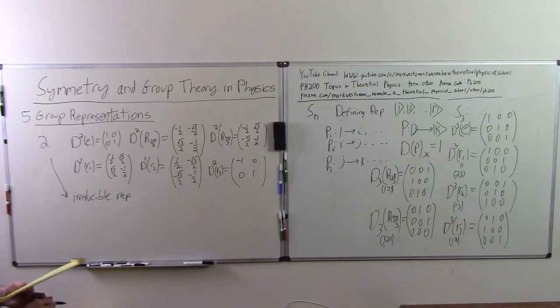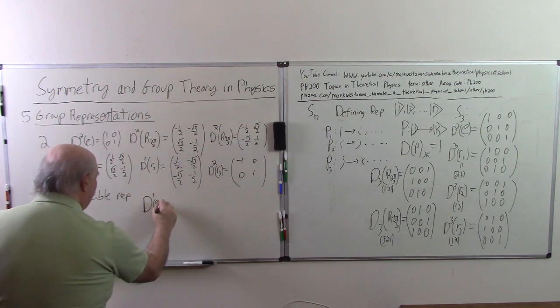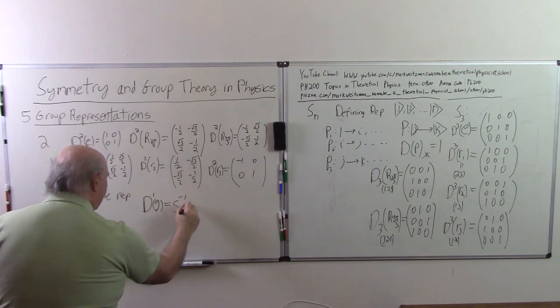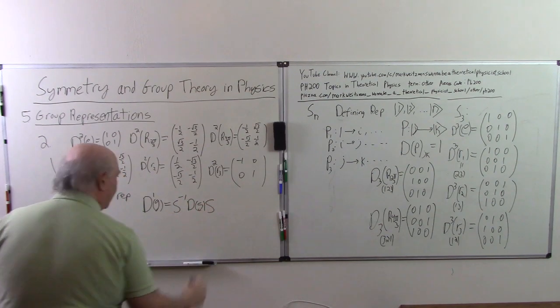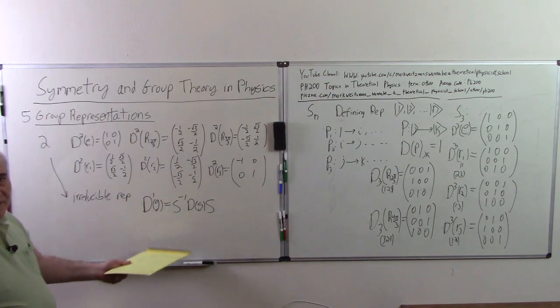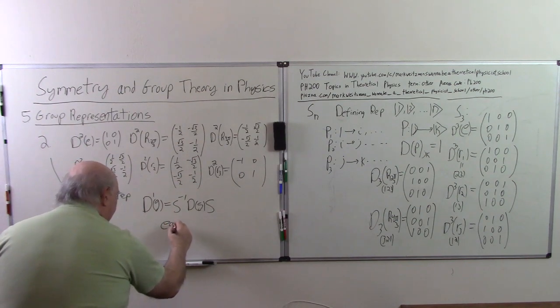So I left out some terminology I didn't get to. Two representations, if D prime of G is equal to S inverse D(G) S, these are what's called equivalent representations. Same thing as similar matrices.